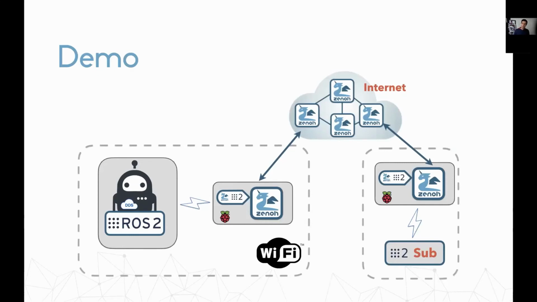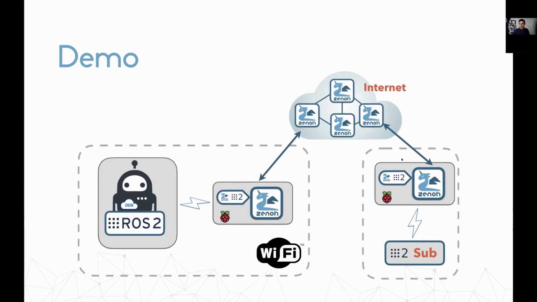So what I'm going to show now, I will have essentially 3 machines. One is a machine that is sitting here with me, a Linux box called Snoopy, on which we will be running a ROS application and a Zenoh router with a ROS2 plugin, so it's a DDS plugin. Then we will establish a connection between our Zenoh router here and a Zenoh infrastructure running on the internet.